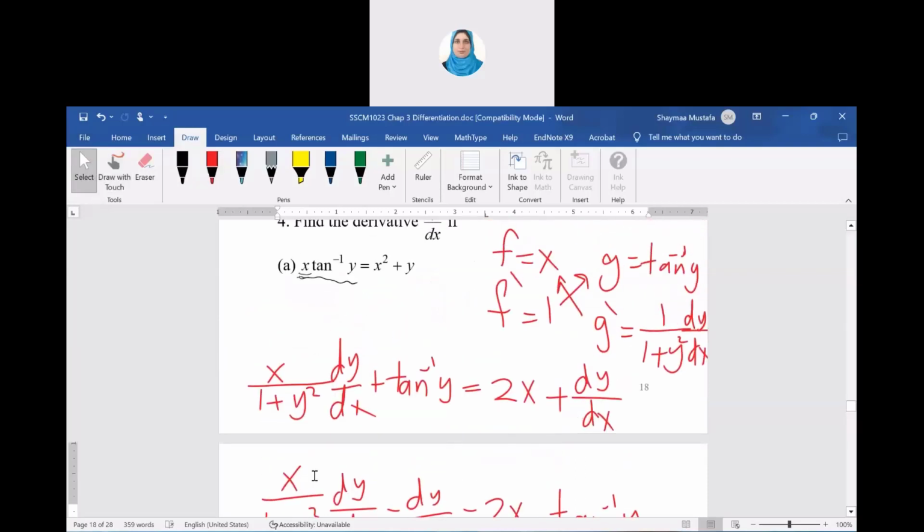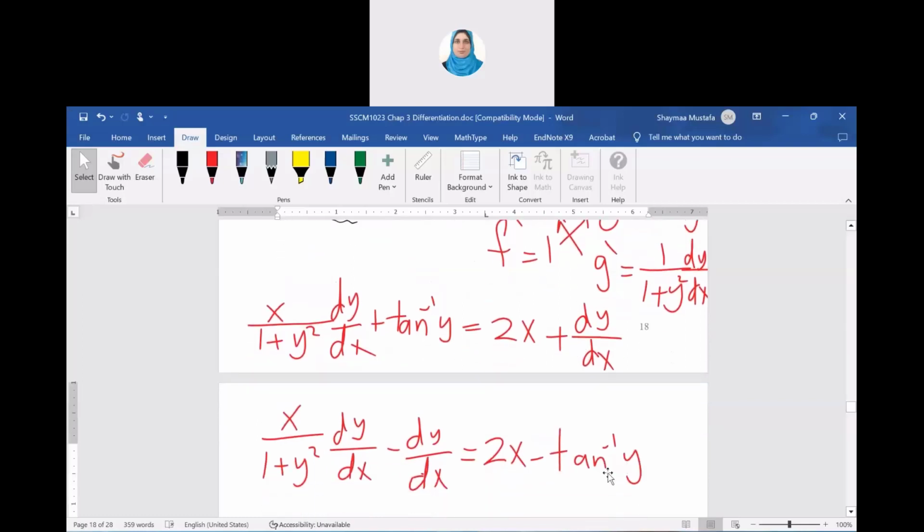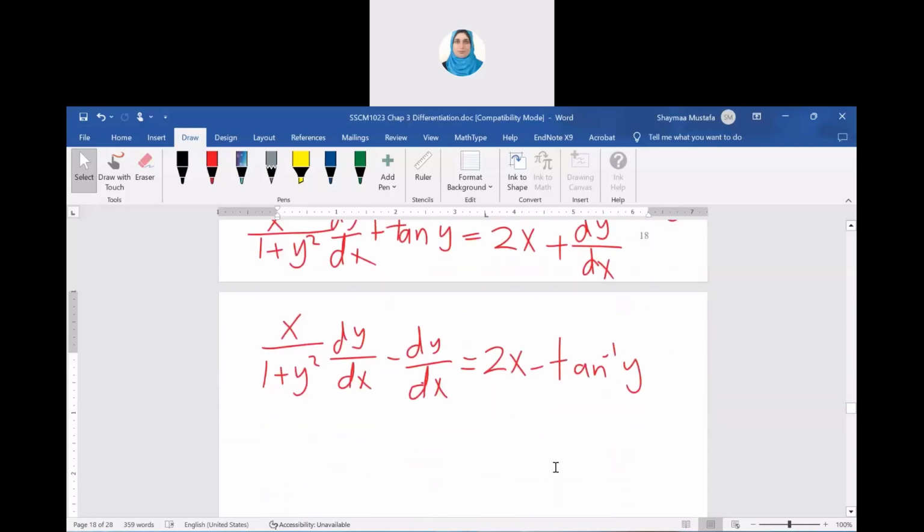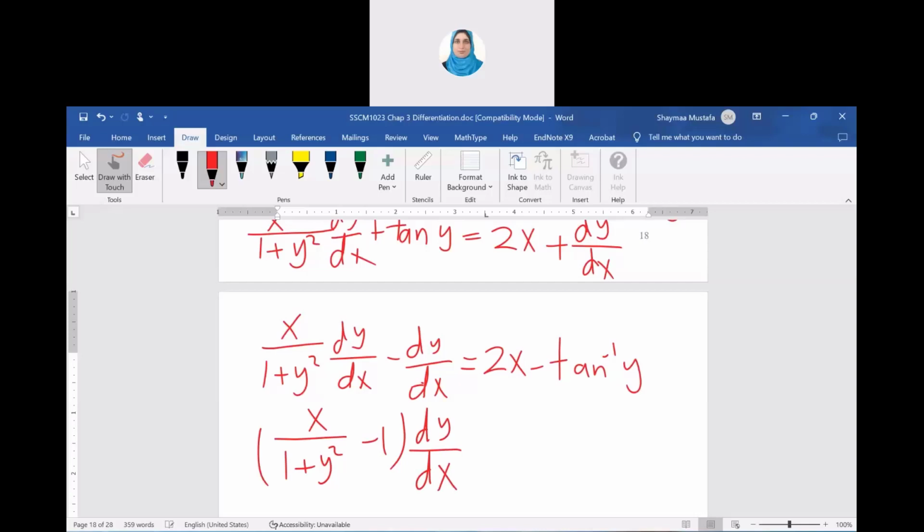Separate the terms that include dy over dx on one side, either the left or the right side, and the other terms on the other side: 2x minus tan inverse y. Now take dy over dx as a common factor, so you have x over 1 plus y squared minus 1, times dy over dx, equal to 2x minus tan inverse y.